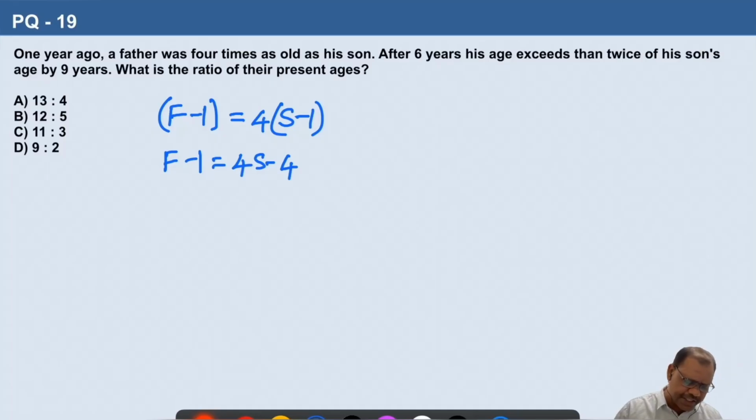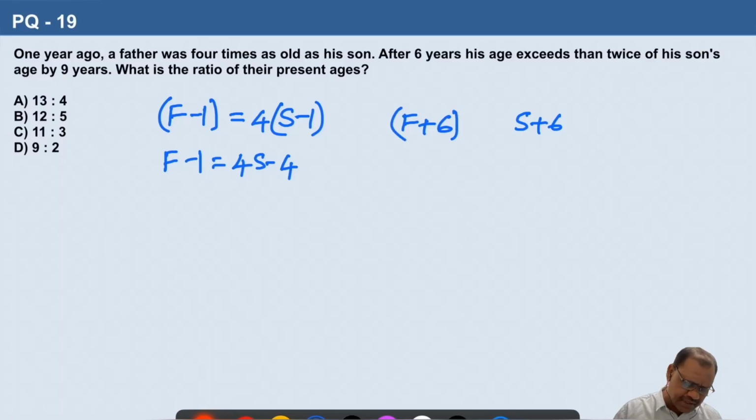And another statement is, after 6 years, father and son. After 6 years is plus 6. After 6 years, his age, meaning the father's age, exceeds twice his son's age by 9 years.